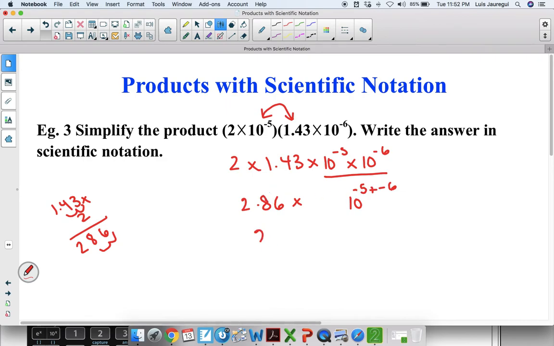So rewriting this one, we get 2.86 times 10. Because we are adding two negatives, we keep them as negatives and we just add their absolute values. So 5 plus 6 is 11. Now notice in this case we don't have to do anything else because our number is already in scientific notation, since this particular factor is already between 1 and 10.